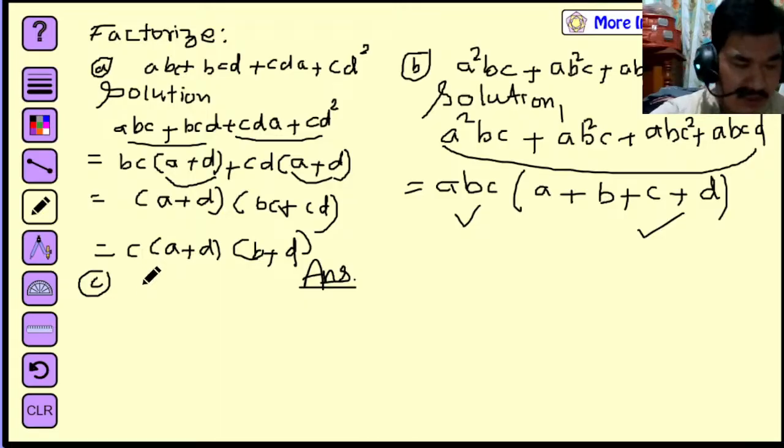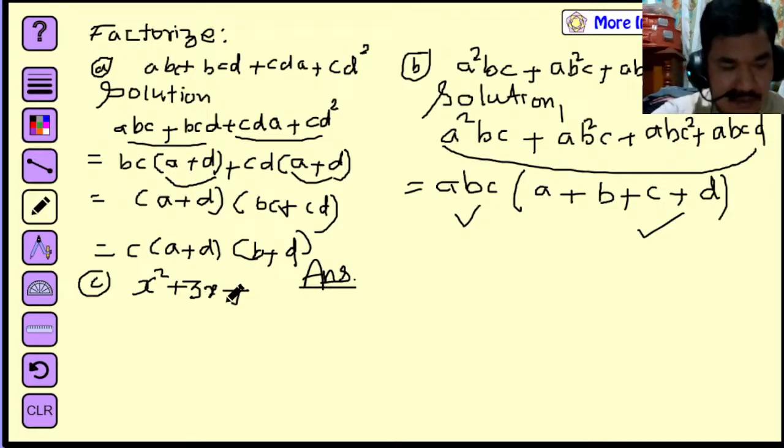See here, the question is x square plus 3x plus 4x plus 12. Four terms are there.